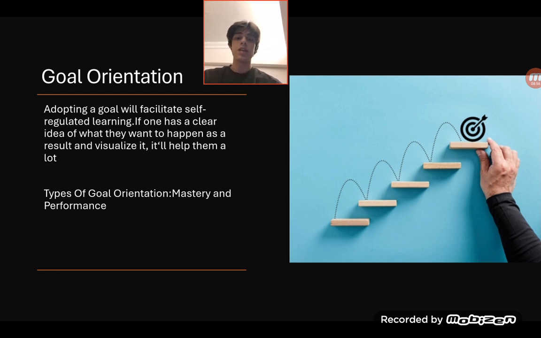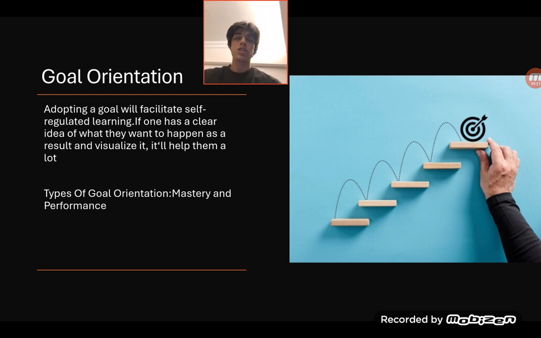Mastery goal orientation focuses on improving one's own abilities, understanding, and learning for its own sake. Students with this orientation are intrinsically motivated, embrace challenges, use feedback for personal growth, and measure success by personal progress.